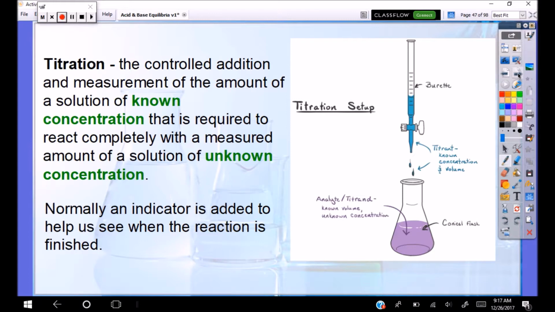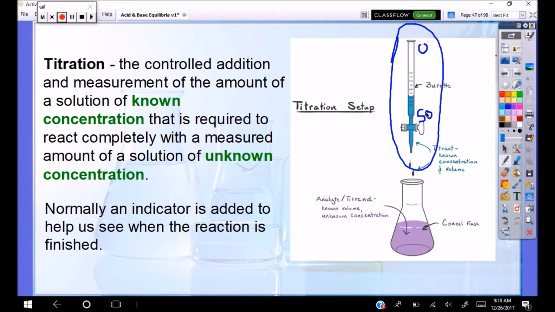So what we have is a burette. A burette looks like a giant test tube, and it's got graduated cylinder markings on it, but they actually go in reverse order. So 0 is at the top, and 50 is at the bottom for 50 milliliter burettes.